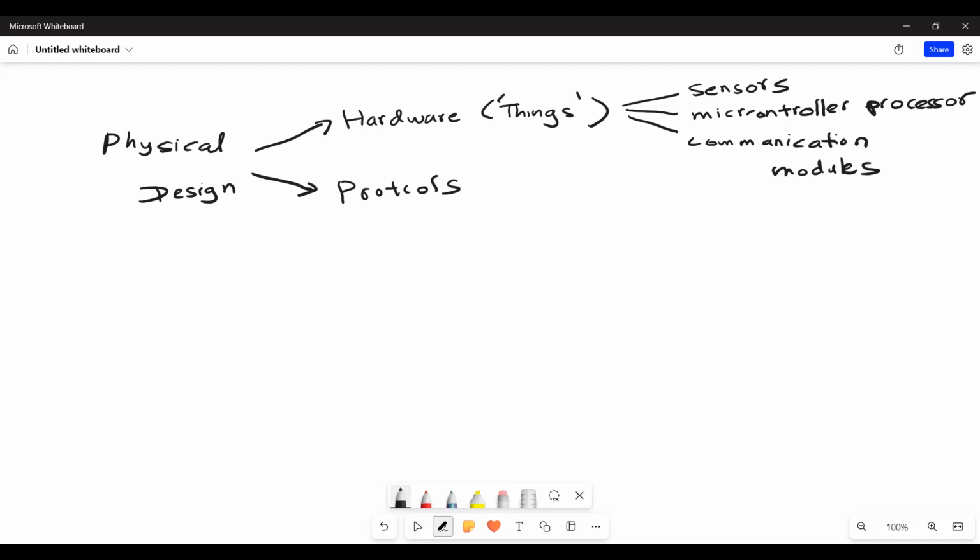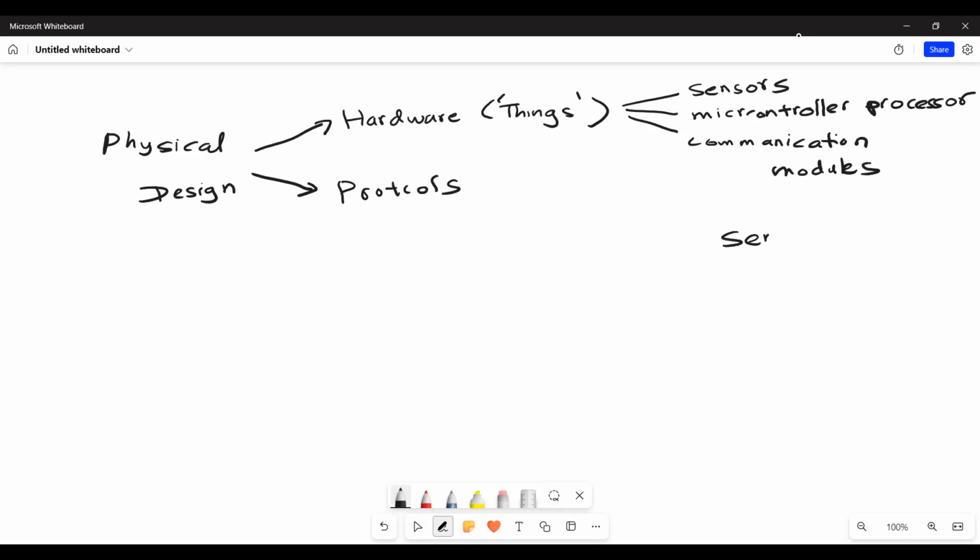Likewise, all these components fall under the hardware that we are using for our IoT network. So we can combine these sensors, microcontrollers, and communication modules into one, and we can call it a sensor node, right?